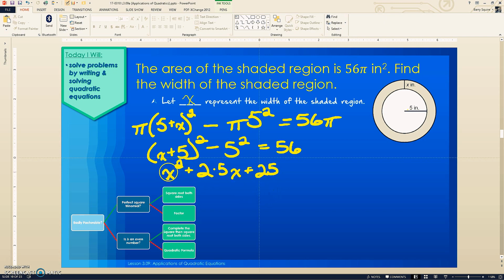So it's going to be x squared plus 10x plus 25. Now we're up to here, this part, minus 25. Kind of convenient. Equals 56.